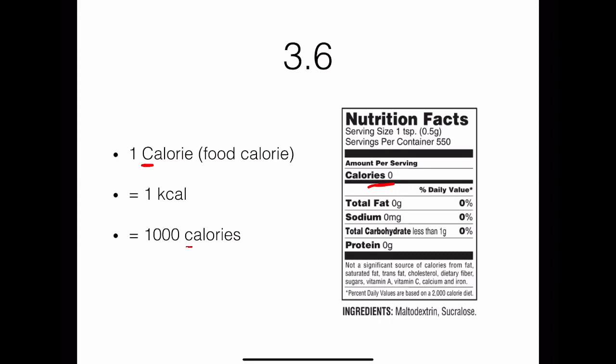And I believe in European countries, they actually use kilocalories instead of big calorie like we use here. So you can see not a whole lot of caloric content in this sample. We're talking about sucralose, so we're probably looking at something like Splenda in this case, which isn't a good example, but this was just showing you where you're going to find that big C and what that big C means. So if you eat something that has 100 calories in it, that actually refers to 100,000 calories.